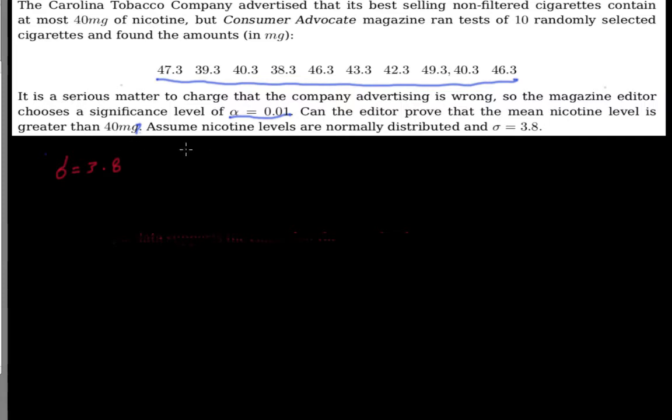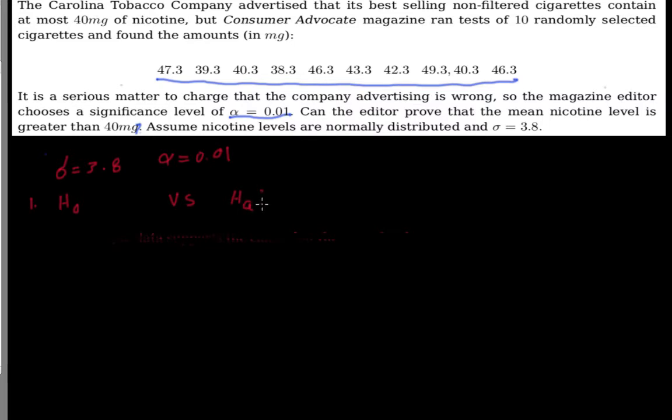And alpha is given, 0.01. So let me write down the first step, null and alternative hypothesis.